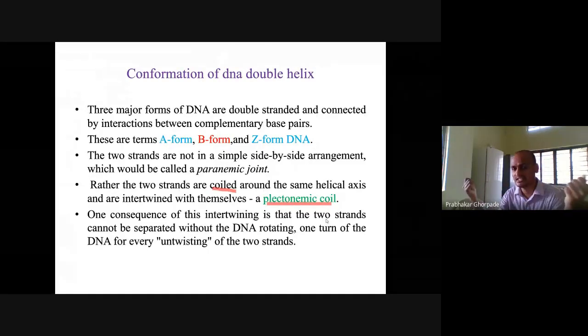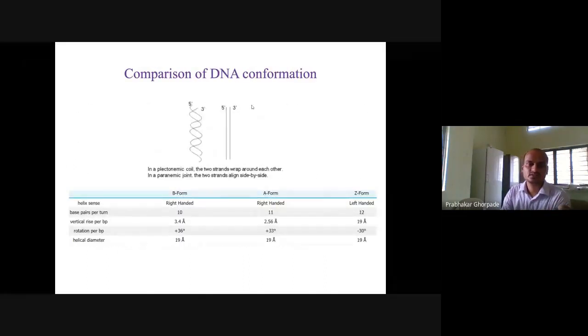So if you want to separate the DNA strands, you cannot separate them as such. If you try to pull up a DNA, it will coil on itself at the back end, right? So this one is a paranemic structure, and this one is a plectonemic coil. DNA in our cell is in this plectonemic coil structure.